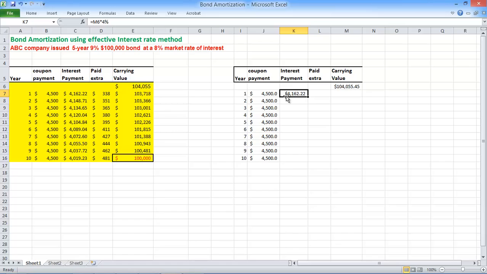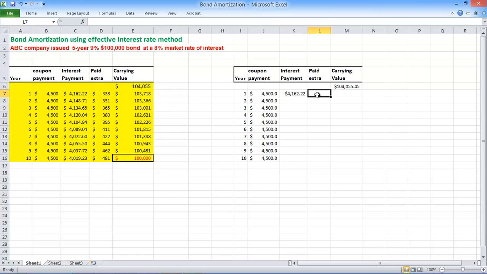This is the interest expense that you're incurring for year one, because we have a carrying value, or book value. This is the amount we owe, 104.55. Nobody's going to lend you this amount of money for free, so you have to pay interest on that, and that interest is this.